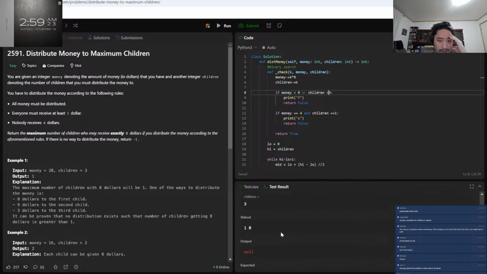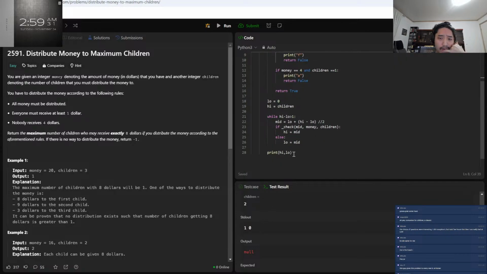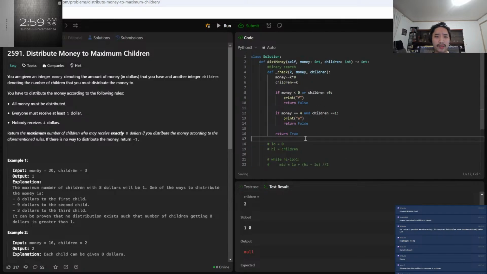No, it should be less than or equal to. This is so weird. Why would this happen? My way of thinking should be completely fine. It's the check that's wrong.